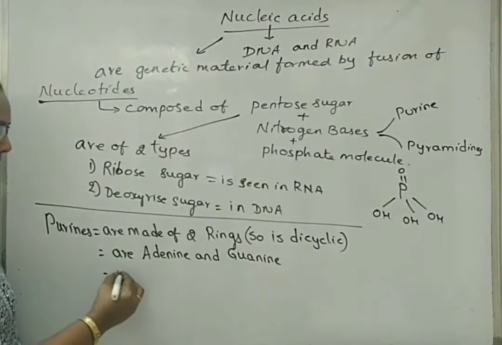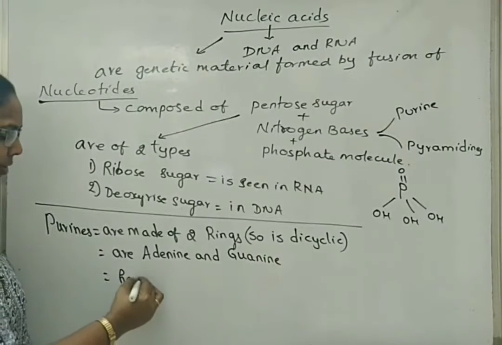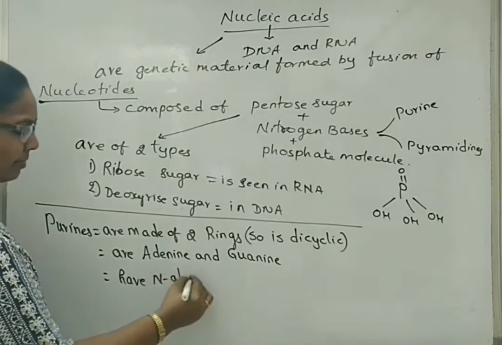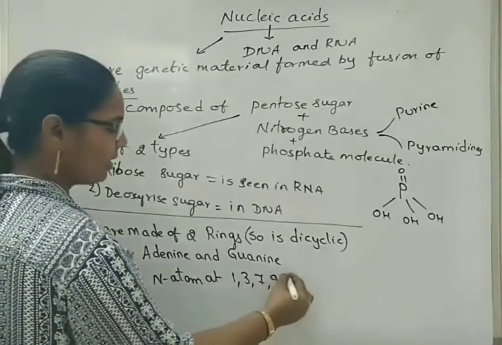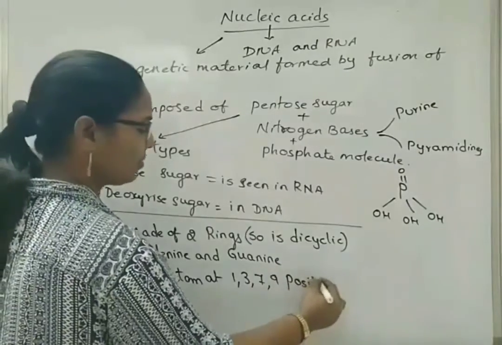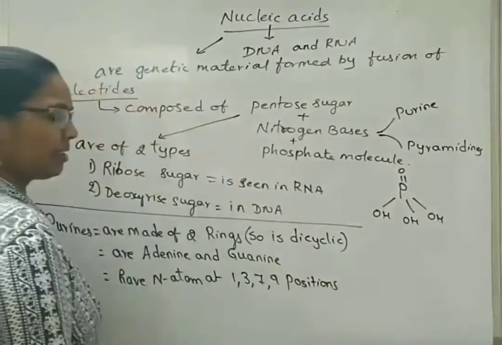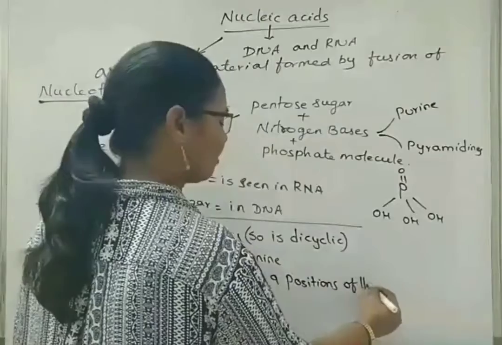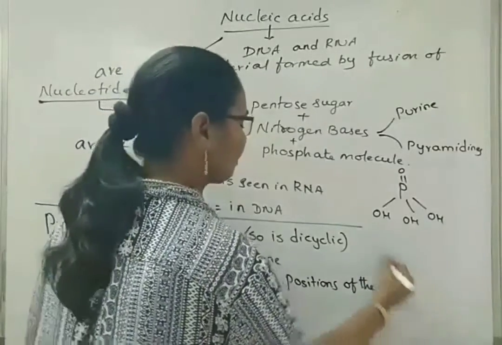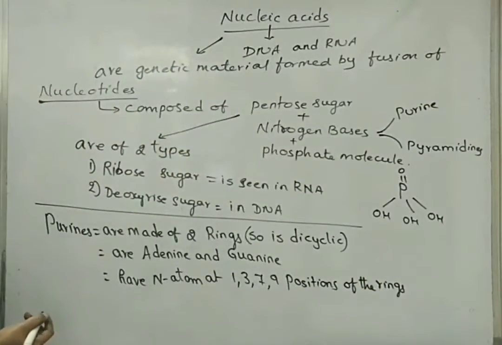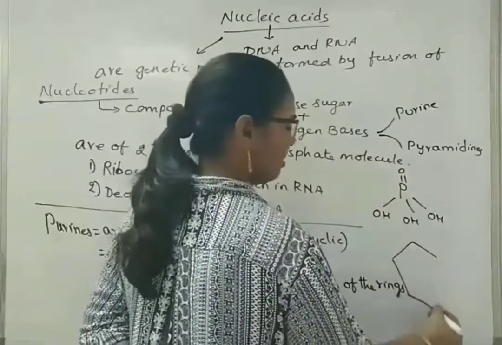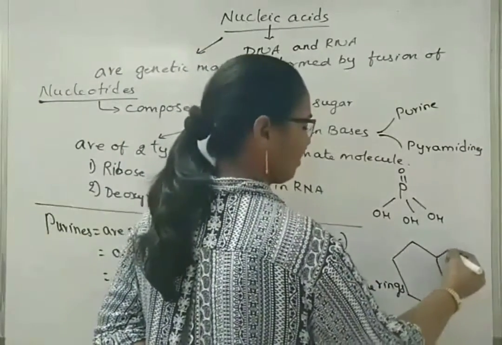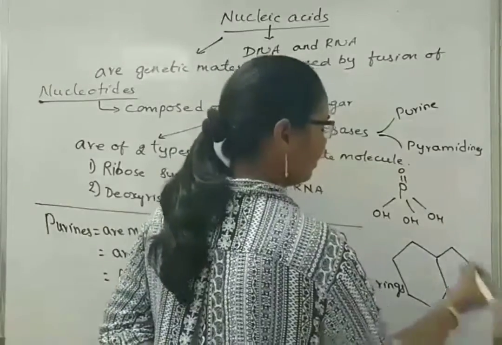Now, purines have nitrogen atoms at the 1, 3, 7, 9 positions of the rings. If you see the typical structure of a purine, it will be like this.